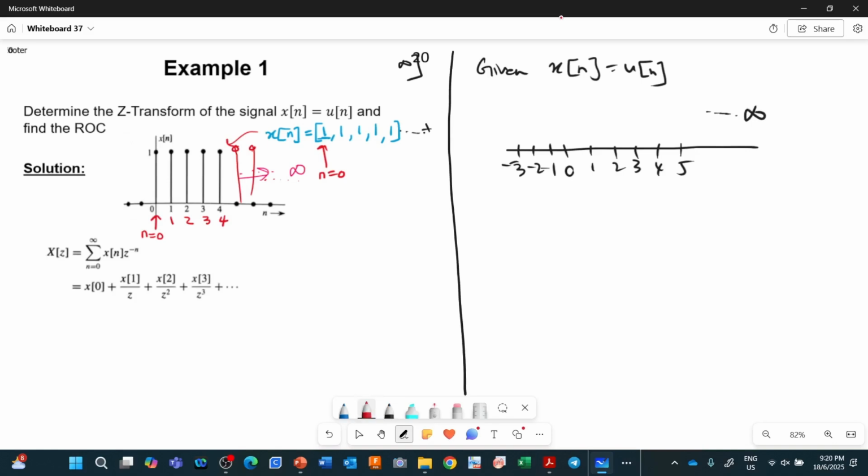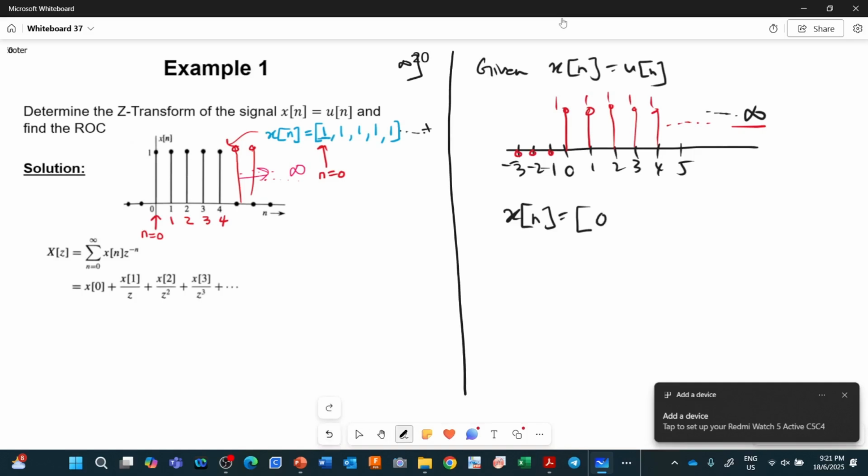For the unit step, at 0 you have a value of 1, and less than 0 you have 0. Then for the other signal, you have 1, 1, 1, 1 until infinity. As you noticed in assignment 1, you can also write this signal as a discrete time value. How you write it is that you have 0.